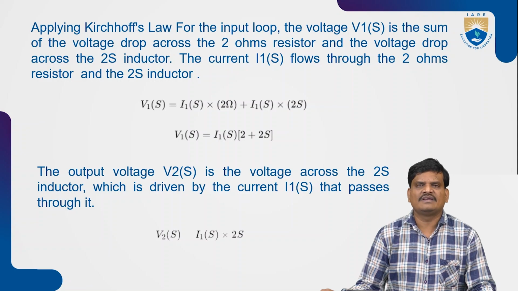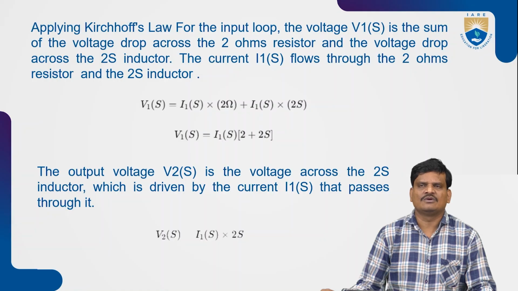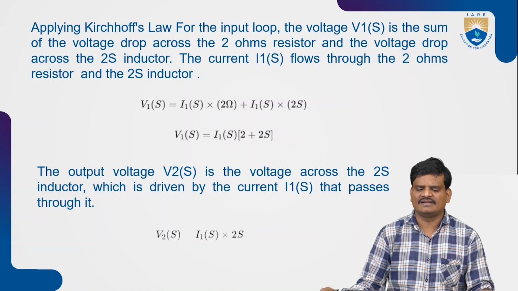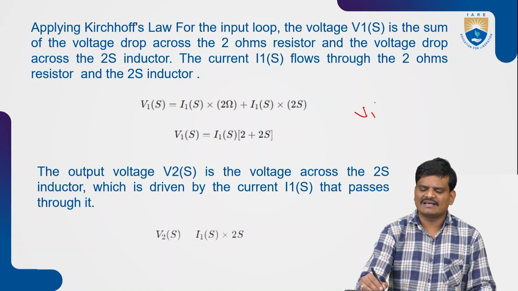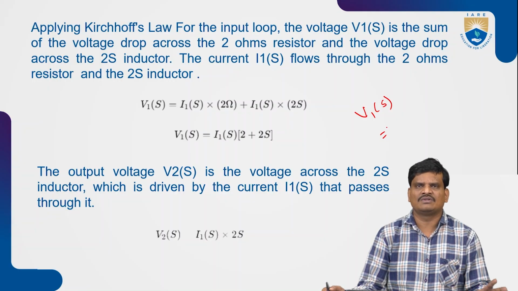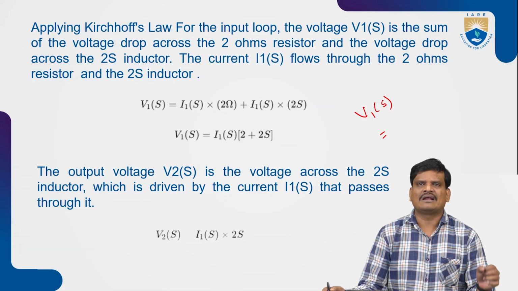So by applying Kirchhoff voltage law for the input loop. What is Kirchhoff voltage law? The sum of voltages in a particular loop should be equal to 0, or the input supply voltage should be equal to the voltage drop across each element connected in the circuit. As I am calculating the input voltage, V1 of S equals the drop across the resistor plus the drop across the inductor.